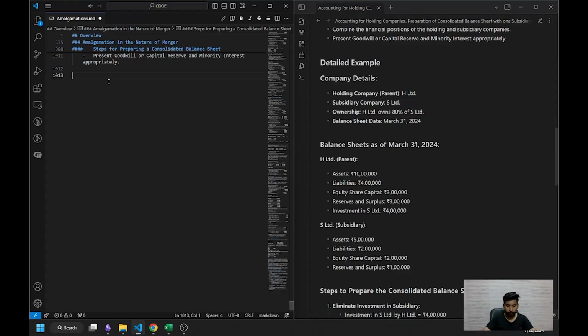And in this video, we shall have a look at a detailed example of the consolidated balance sheet.